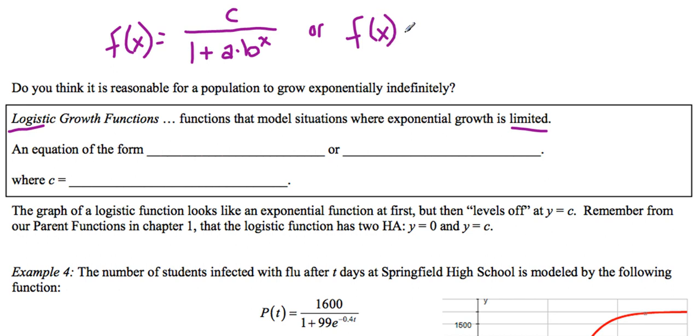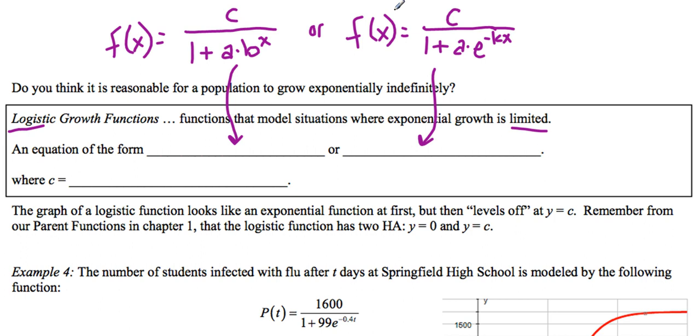Or when we're using our e constant, we may see it written like so, where e is the base and we have this k constant up in our exponent along with the x. Okay, so those can go in these two blanks.